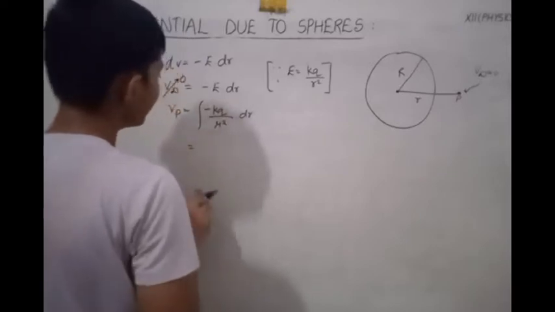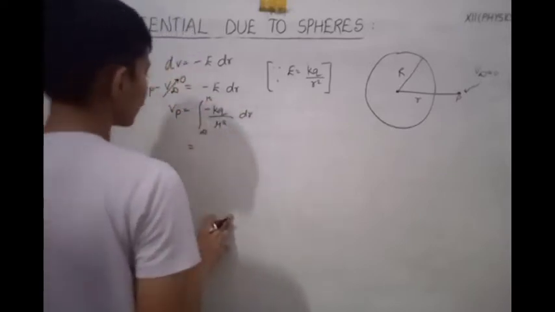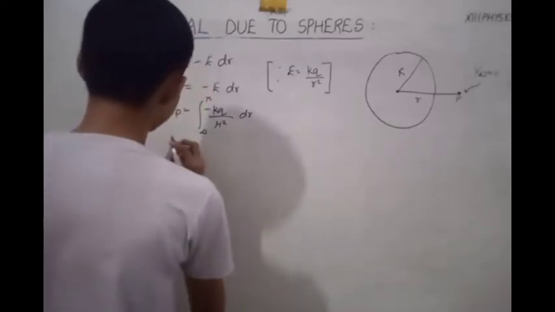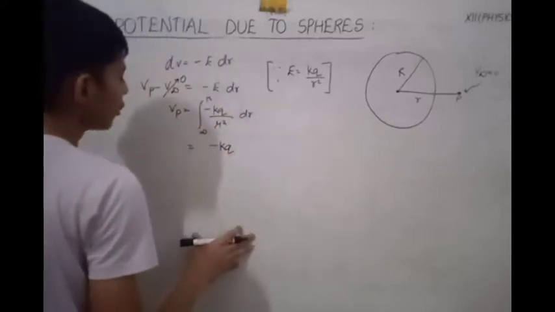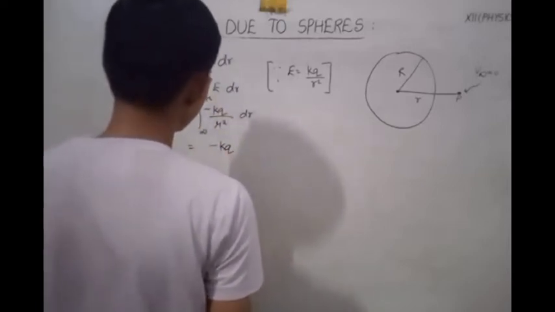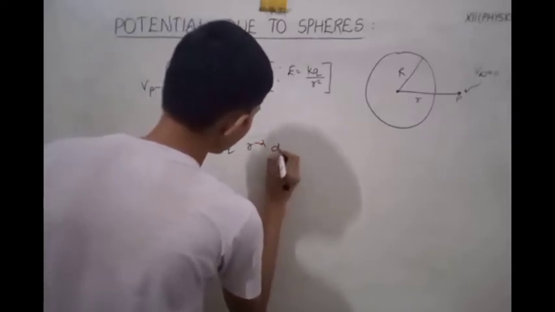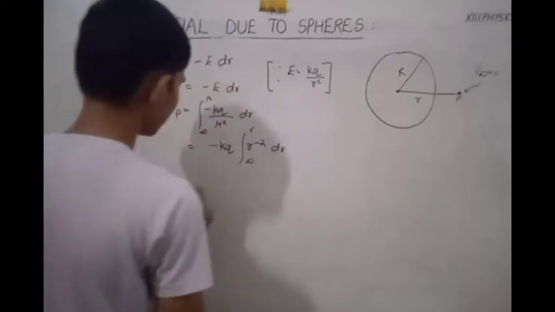And we have to integrate it from infinity to r because we are bringing a charge from infinity to the point which is at r distance from the center. We take minus kq outside because it is constant, r raised to the power minus 2 dr, and we put limit from infinity to r.